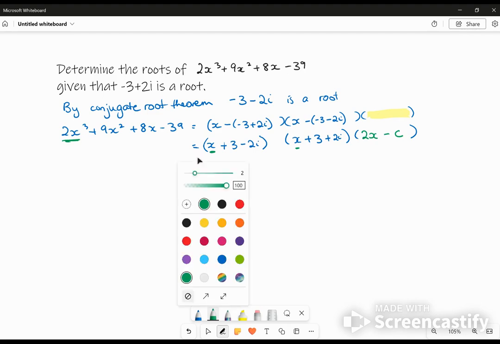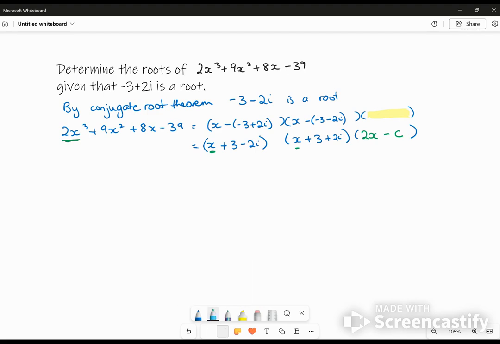So we also know that this one here, minus 39, must equal the last bits in this bracket, that one, and this one, and this one. So that must equal 3 minus 2i, 3 plus 2i, and this one here, minus c, hanging off the end.